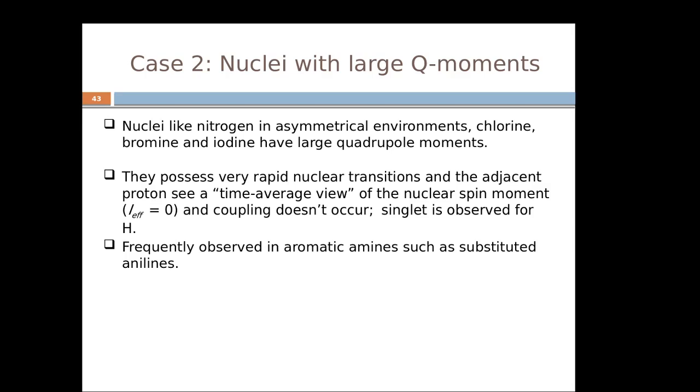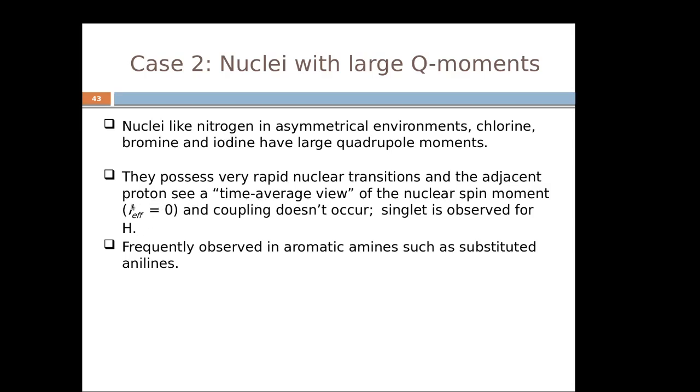When the adjacent proton tries to couple with the nuclear spin states of, say, nitrogen in an asymmetrical environment, the proton will see a time average view of the nuclear spin moment, rather than individual nuclear spin moments.